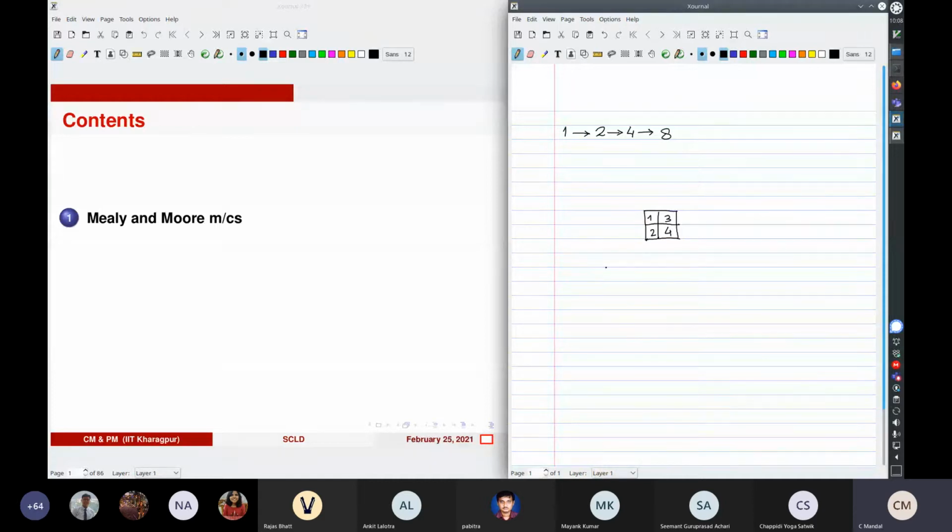Let us say the atoms are 1, 2, 3, and 4. What you can see is that you'll be able to combine them in many ways, because those are all adjacent.